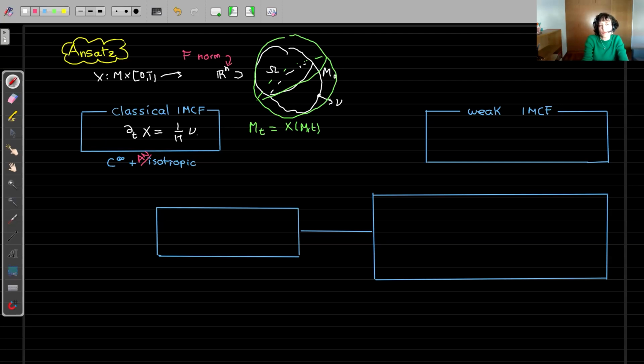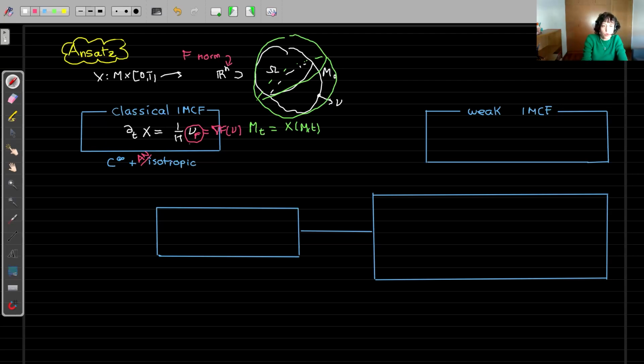And then you have to modify the flow accordingly by considering the anisotropic normal, defined as the gradient of f on the Euclidean normal. Keep in mind that if f is the Euclidean norm, the gradient of f will be the identity, so in this case it will be nu divided by its norm, that is 1, so it's fine.